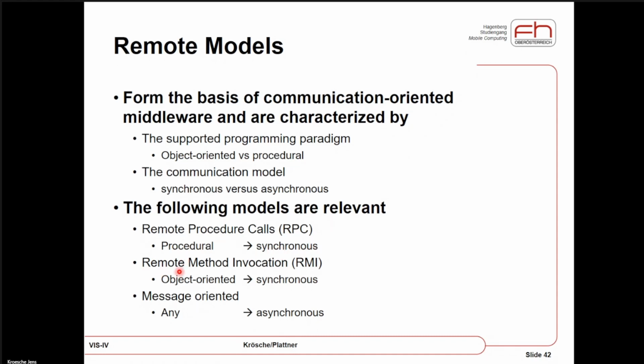Same goes for the remote method invocation approach, which is object-oriented because we're using methods now, and nevertheless, it's also synchronous. And we have the third participant, the message-oriented approach, which doesn't care which aspect is used and which is strictly asynchronous.